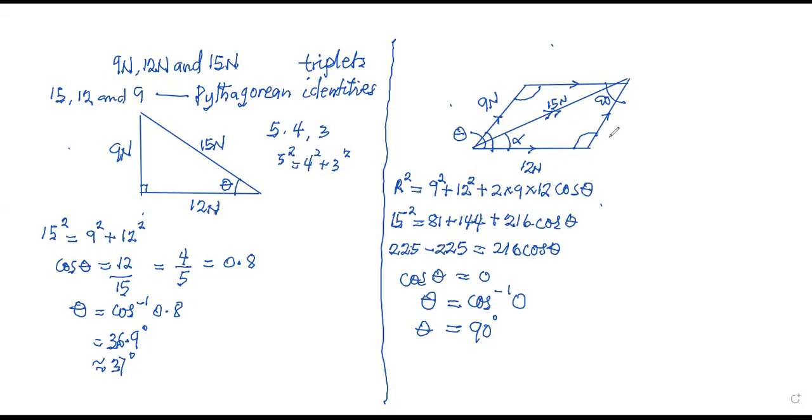So if this is 90, this angle here is also 90, because this and this are parallel sides. Meaning this will also be 90. The angle here will also be 90.